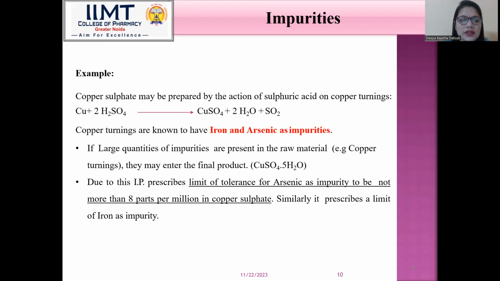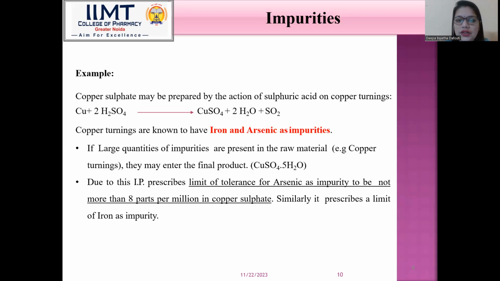Another example is copper sulfate, which may be prepared by the action of sulfuric acid on copper turnings. Copper is combined with H2SO4, sulfuric acid. It will give copper sulfate, water and SO2. Copper turnings are known to have iron and arsenic as impurities.